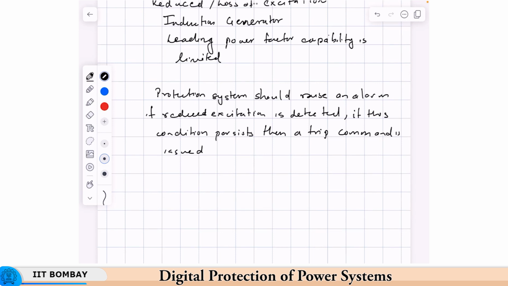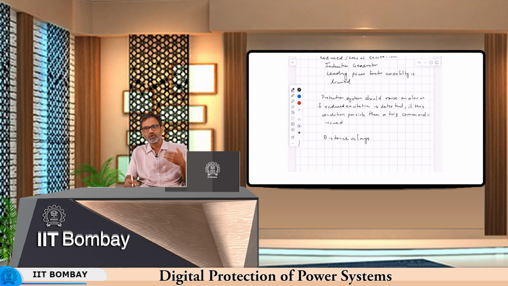So, to achieve this, distance relays are used. Distance relays, in the sense that we are not using the same application as line protection, because they are not looking into the line. Though they measure the apparent impedance, they are not looking at zones of protection and such other settings associated with lines.